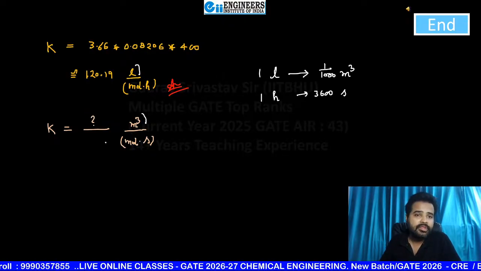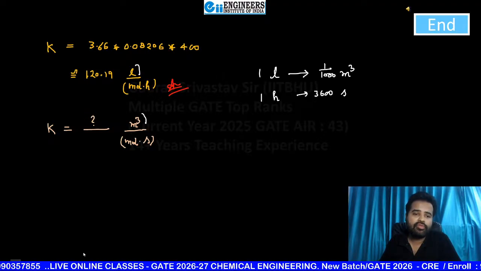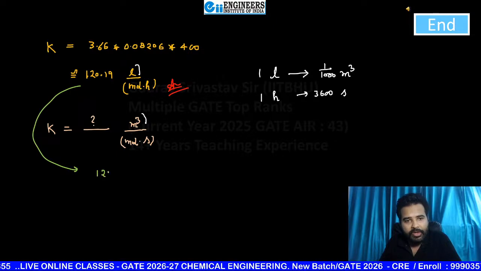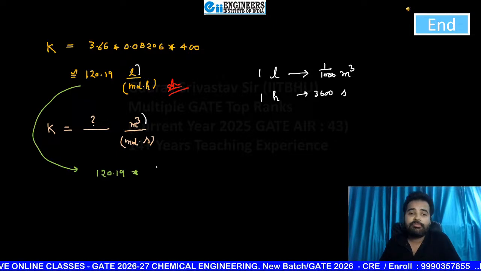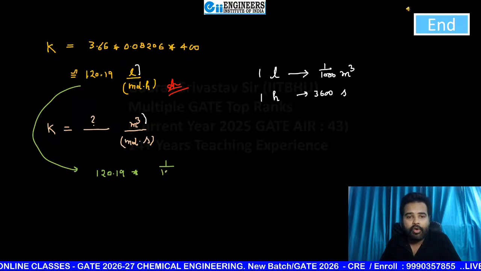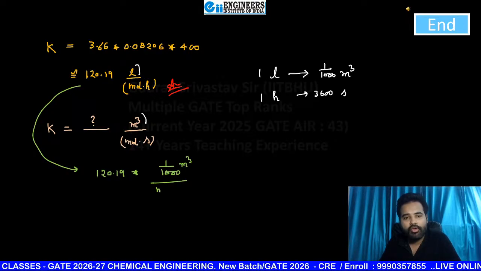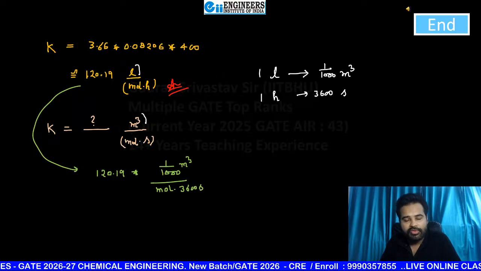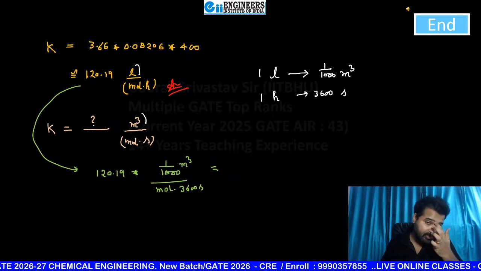Okay. Now how to solve here? Again, you have to use the same technique. Write the numerical value first, 120.19, and now multiply with 1/1000 meter cube, in place of liter, whole upon mole into 3600 second. I'm not going to do this conversion because everyone is getting the same answer.